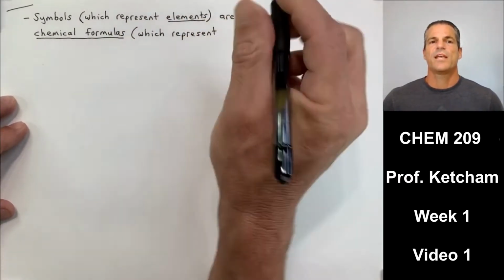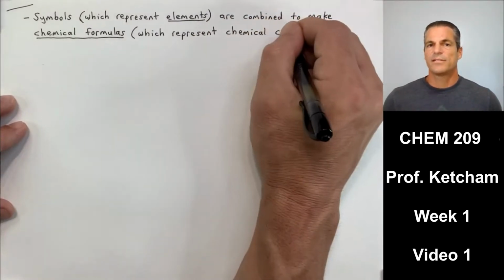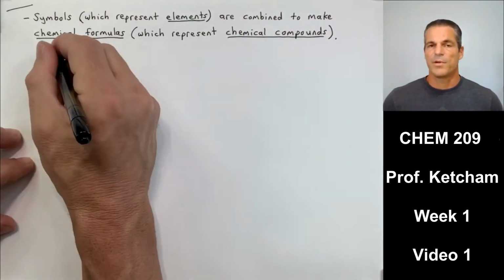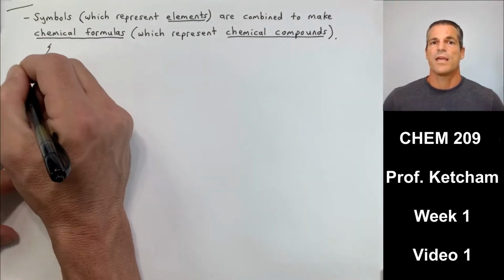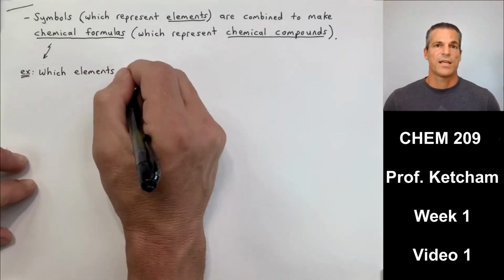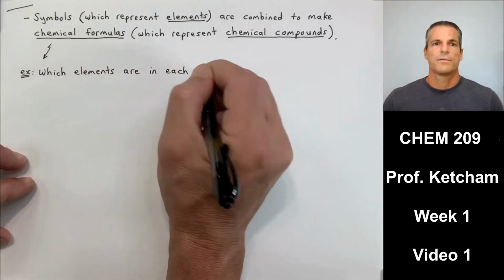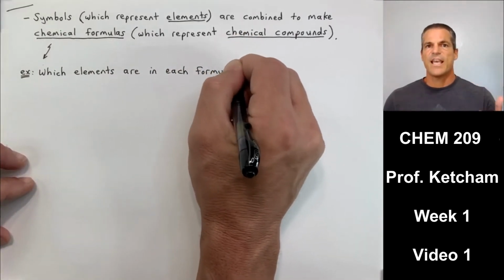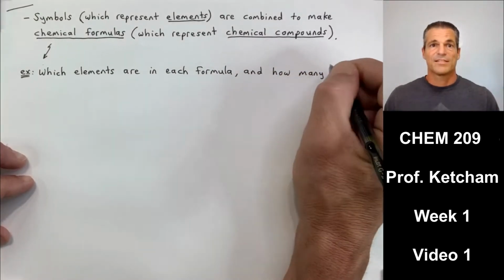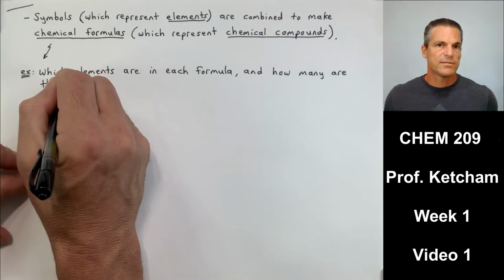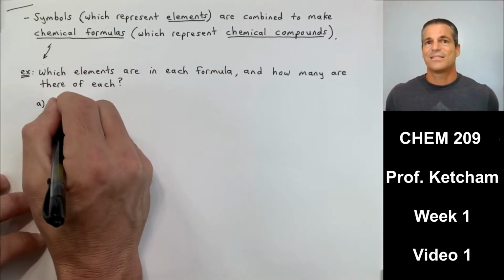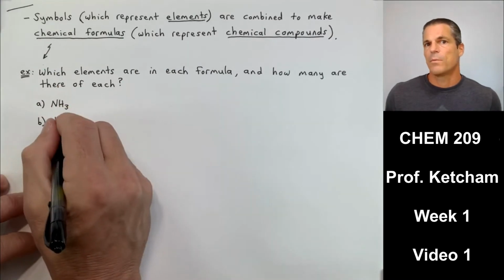What it's saying here is that you take a symbol on the periodic table and combine it with another symbol, and you can make a chemical compound, and that chemical compound has what's known as a chemical formula. For example, if I take Ca, calcium, and O, oxygen, and put them together to make CaO, that's calcium oxide. Calcium oxide is my chemical compound. CaO is the chemical formula.